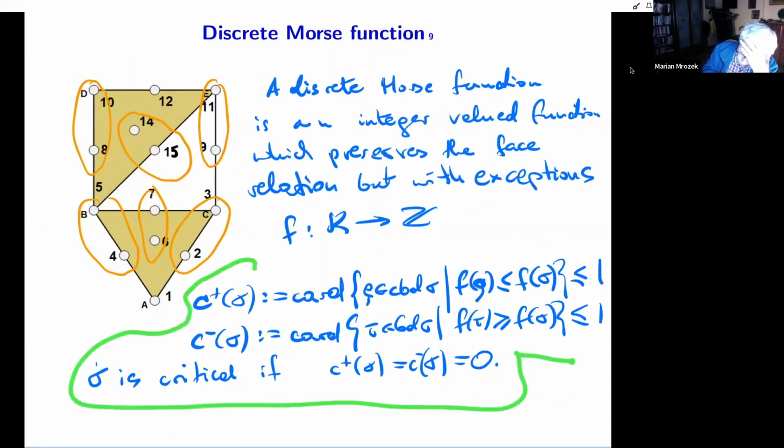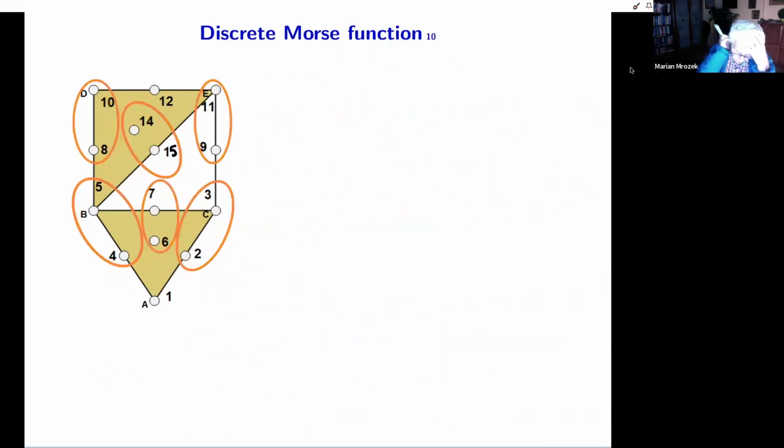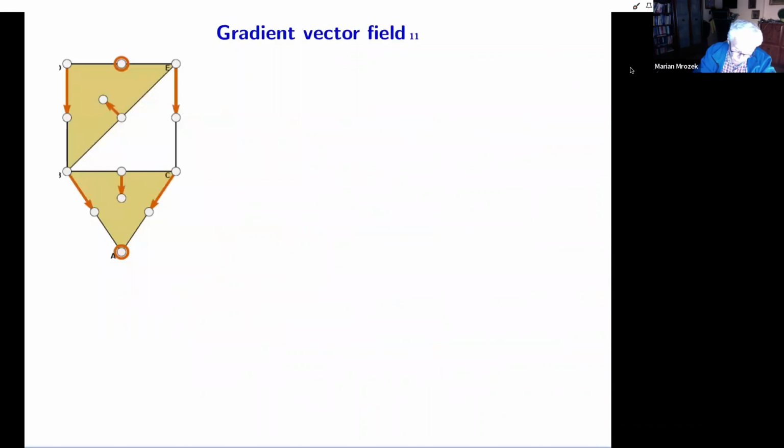But this is what Forman proves: if you know only that there is at most one exception, then when you take the pairs forming exceptions and the singletons free of exceptions, you get actually a combinatorial vector field. So this is the typical way to draw it, not as a partition, but with these vectors and circles surrounding singletons.